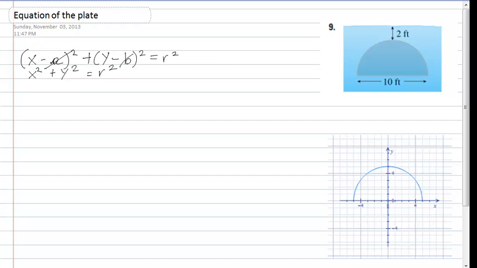By observation we are able to find that the distance from the origin to the x-intercept is 5 feet, which gives us x squared plus y squared equals 5 squared. Solving the equation for y, we get y squared is equal to 25 minus x squared, and finally y equals the square root of 25 minus x squared.